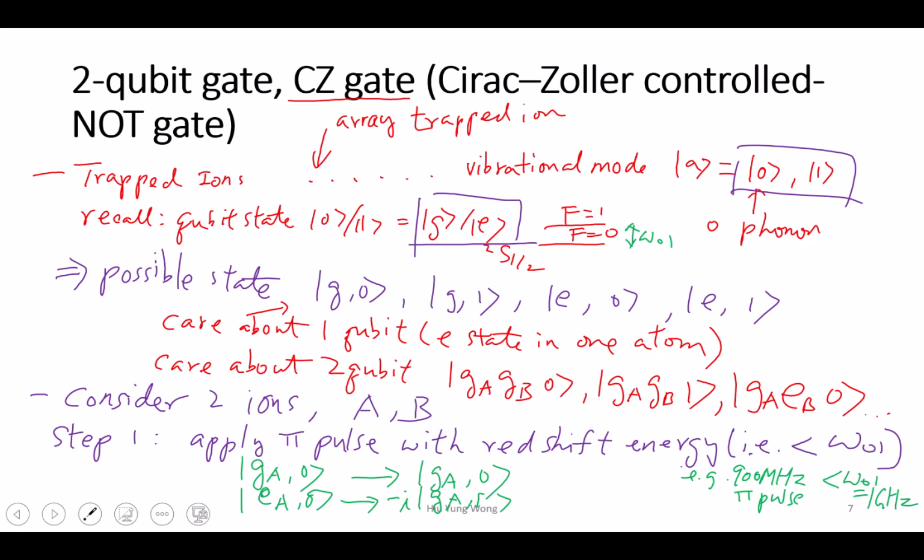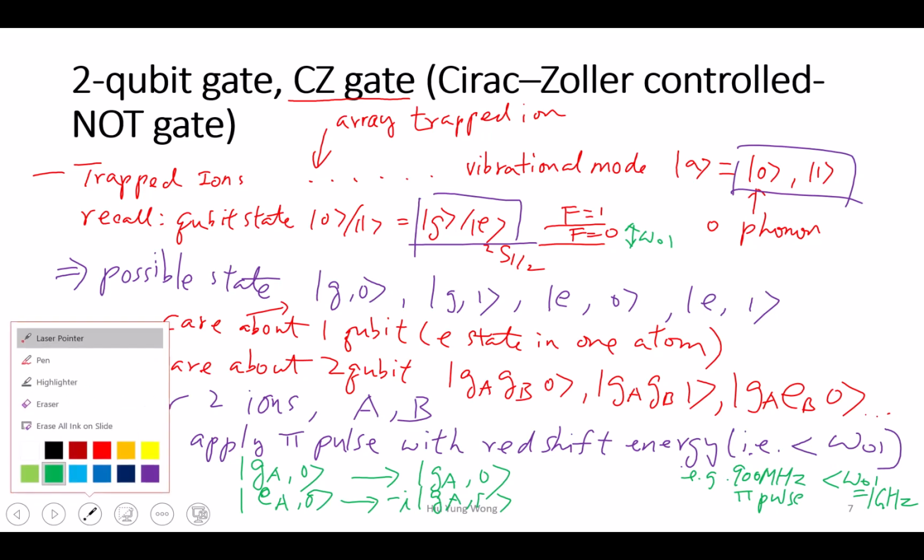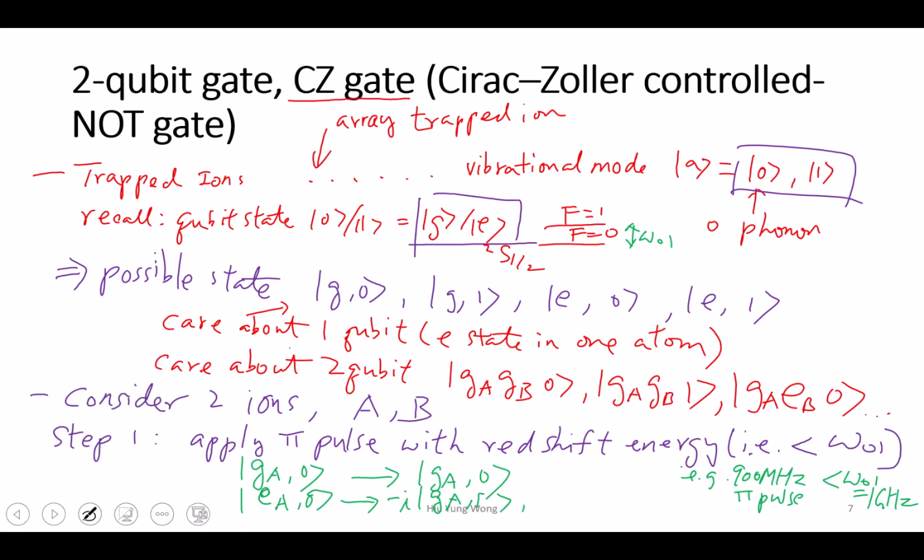So similarly, right? If you are at the ground state and you have one photon, if you get this pulse, you will also get a phase shift to the excited state with no photon.